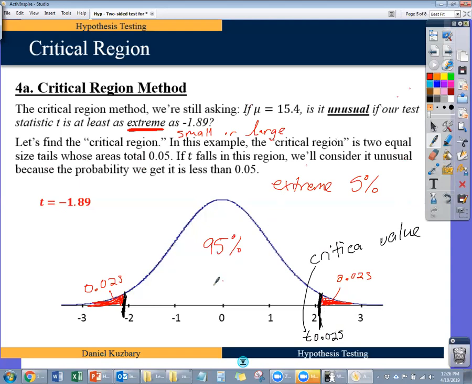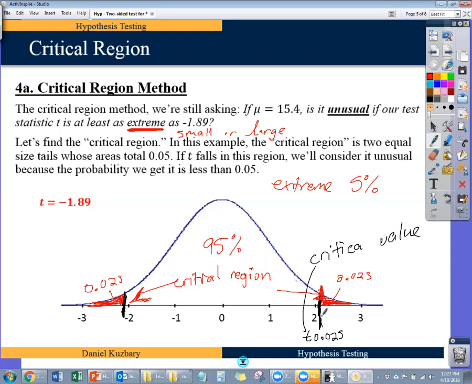And just to clarify some terms, the critical region is both of these red regions combined. So think of these two tails as one region. This is the critical region. That probably wasn't helpful. It's that area. So those two things are the critical region.